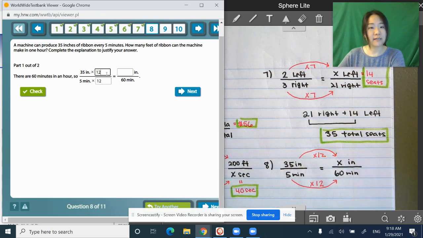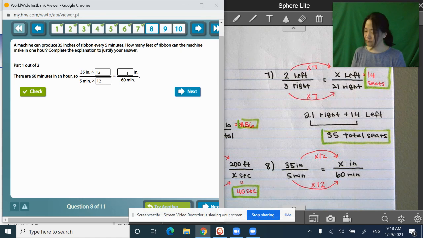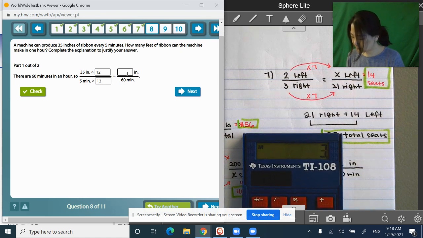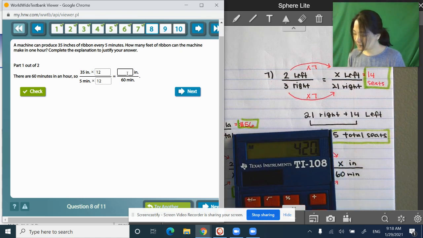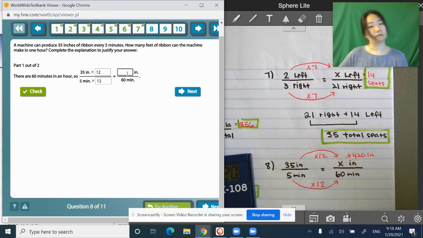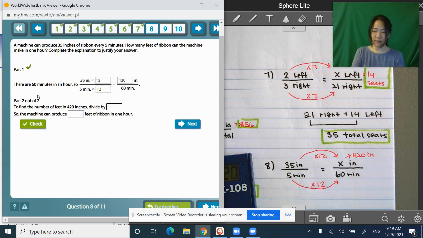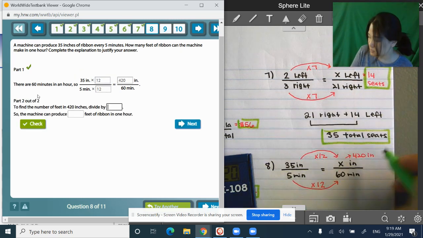That's the 12 I'm getting right here. I need to do 35 times 12, and that gives me 420 inches. So I'm going to write 420. And that's correct. Let me mark that here for just a second.